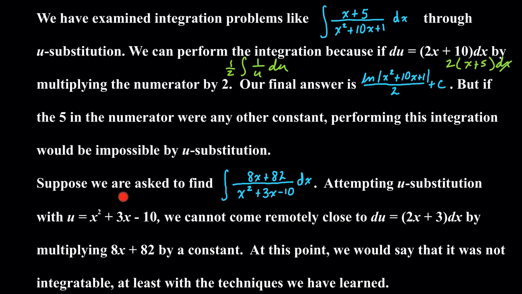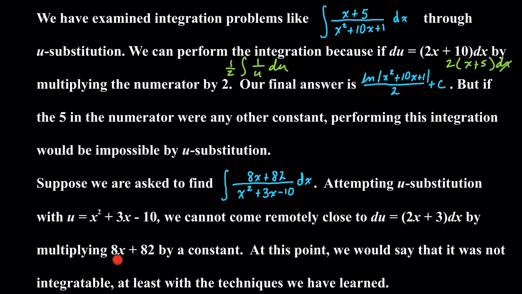So suppose we are asked to find the integral of this problem right here. Attempting to use u substitution with the denominator being u, it's not going to work out because du would be 2x plus 3 dx.